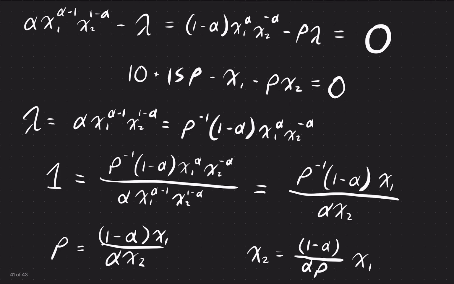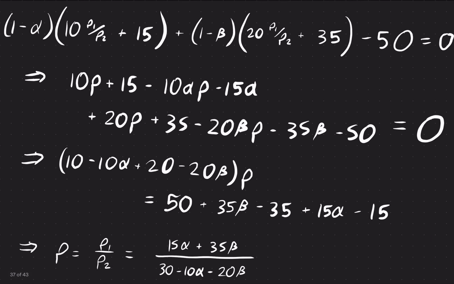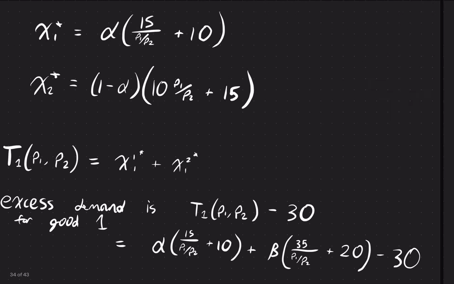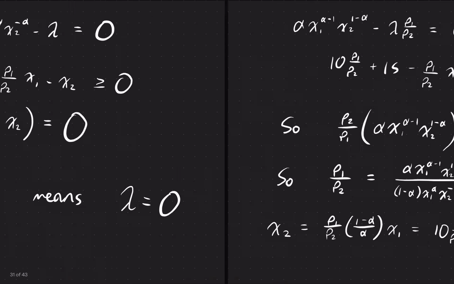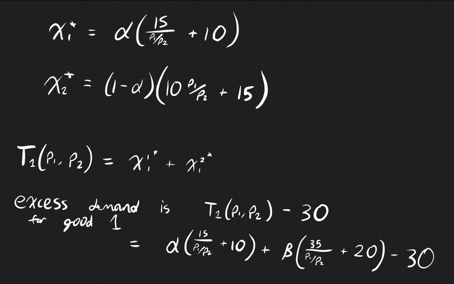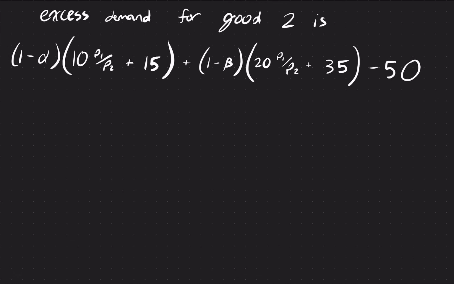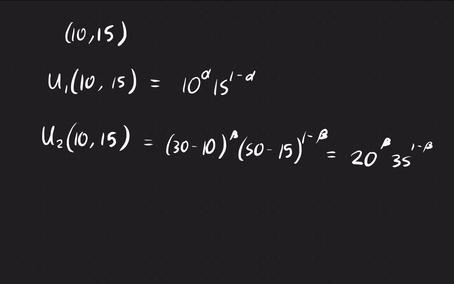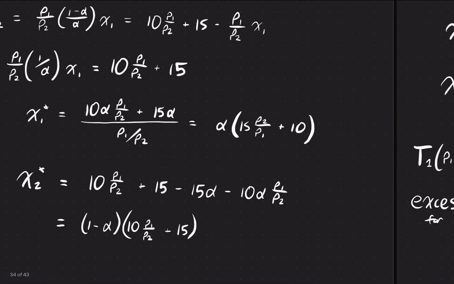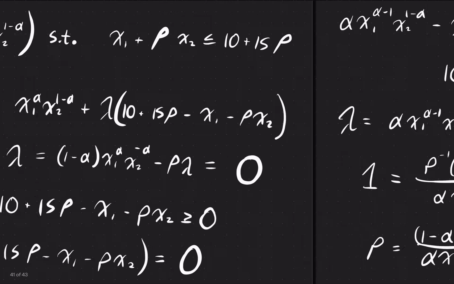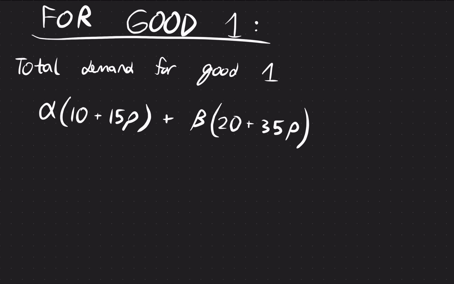Let me make sure that's what I worked it out to, because I've been wrong before. Ah, yes, 35 rho plus 20. Yeah, that's what I had, sorry.